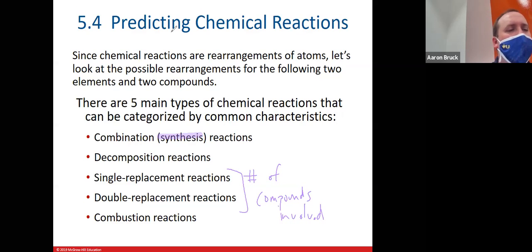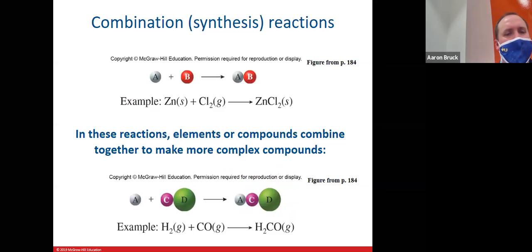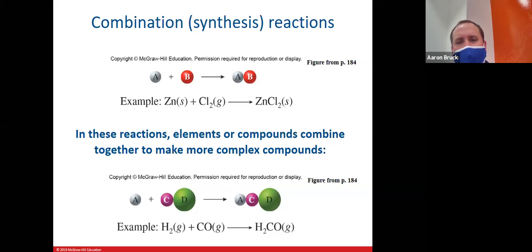So let's take a look at each one of these in a little bit greater depth. Let's start with combination reactions. Combination reactions occur when we have small elements or compounds reacting with each other to make a single product.